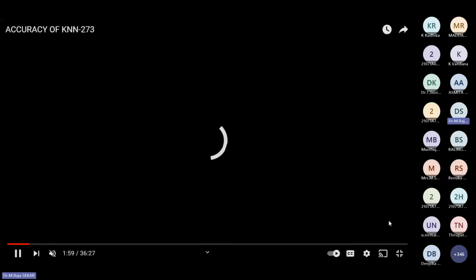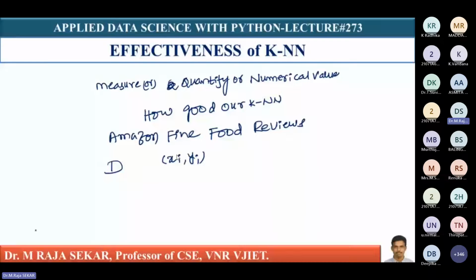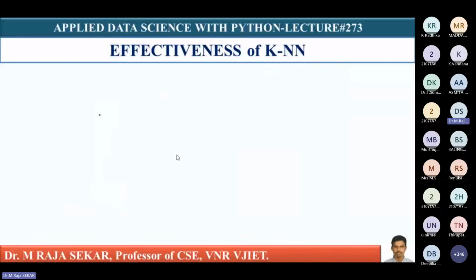All those things. Maybe after 1 or 2 days we will have a separate session on performance measures. For those people who are writing papers or doing a PhD, that particular session is very, very useful. Why? Because if you write a paper, ultimately you have to measure the performance. Many times people keep only accuracy as the measure, but in reality accuracy does not work in all situations.